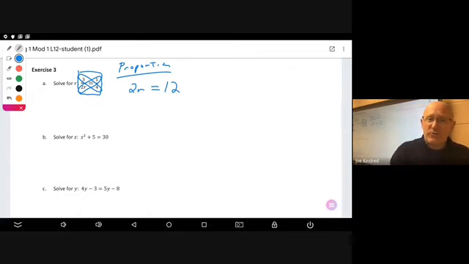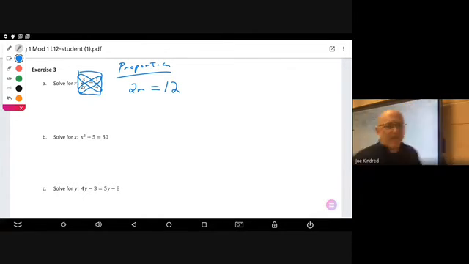I know they're equal. So that's the first thing I notice here. And then what's happening to r? Well, I'm multiplying by 2, so that means I'm going to do the opposite operation, which is divide by 2. And r is equal to 6.